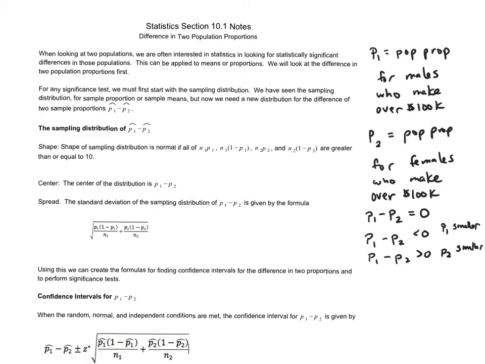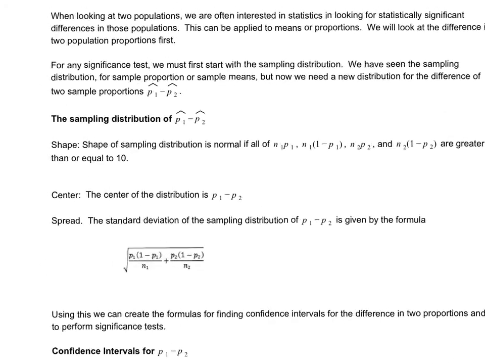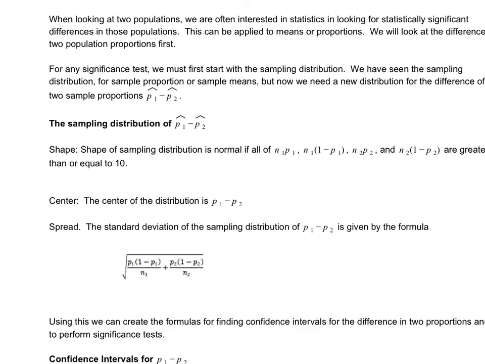Now, like always, a parameter is for all of the population, so it's a very hard thing to find. So we're going to estimate it using a sample statistic. Now, to estimate this, our sample statistic in this case is actually very interesting. Our sample statistic is actually the difference of two sample proportions. So we call those P hat 1 and P hat 2.